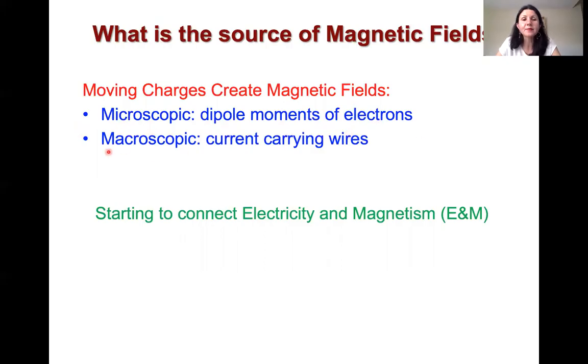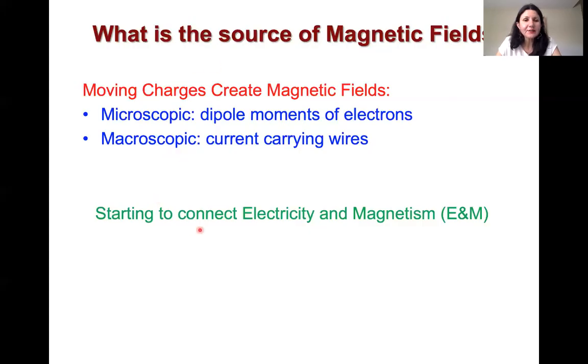On a macroscopic scale, we see charges moving when there's current. For example, when there's a bunch of charge flowing in a wire in a circuit, we call that current. Why do we call that current? Because there's a bunch of electrons all moving in one direction through that wire.